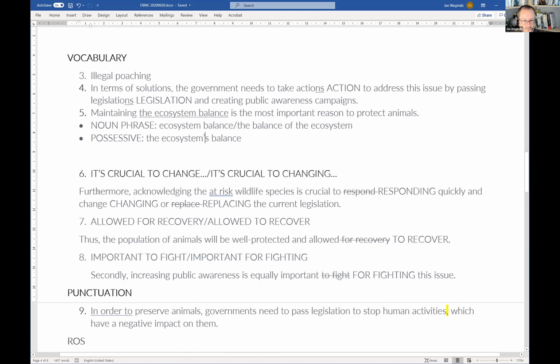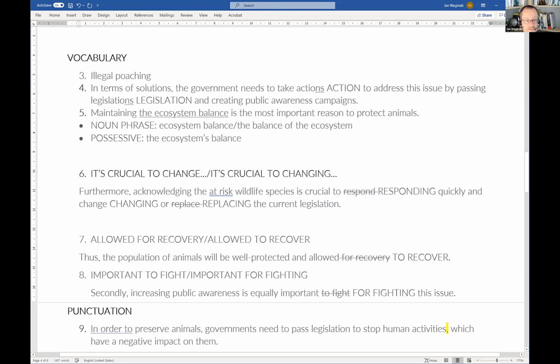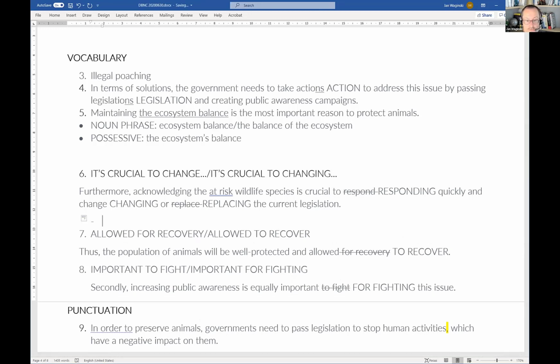Okay, these also come up quite a bit. It's crucial to change versus it's crucial to changing. These mean different things. So we see here, it's crucial to respond, it's crucial to responding quickly. Well, let's do a couple examples for this because it may not be so clear.